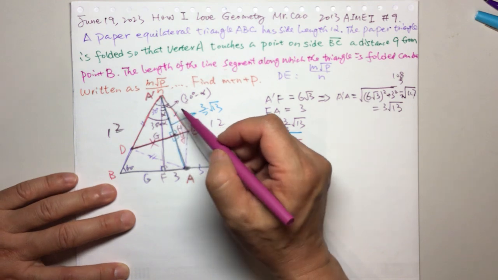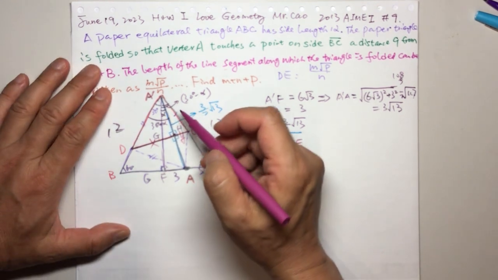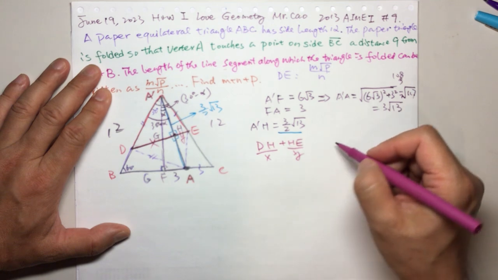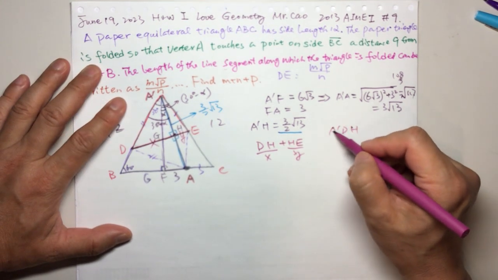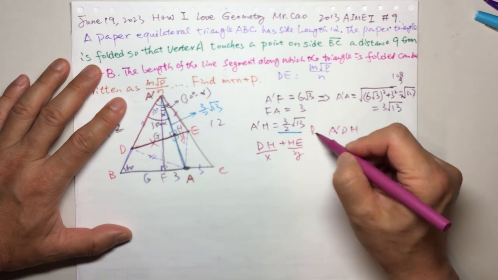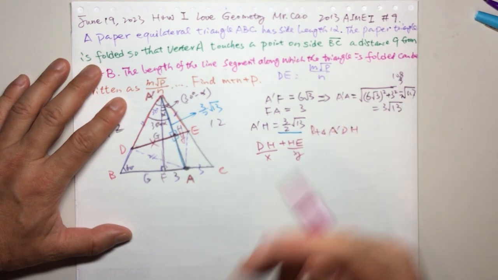So we can use trigonometry here. In the triangle A prime DH, this is a right triangle, right?